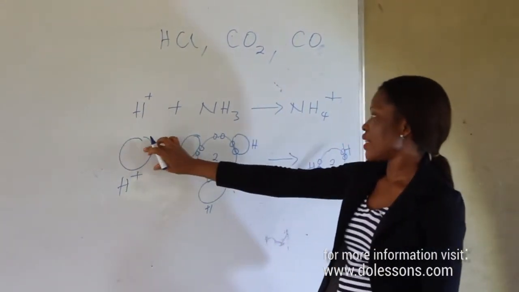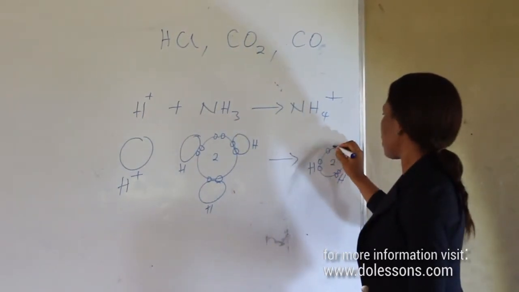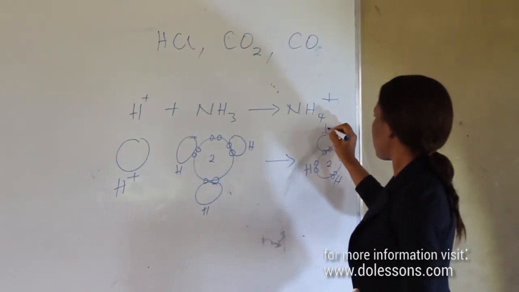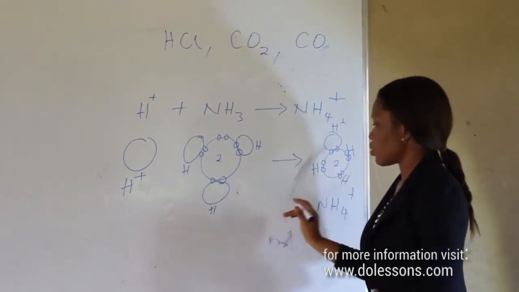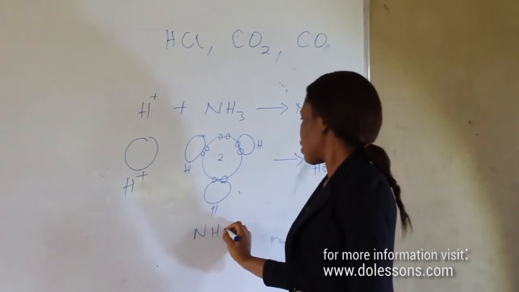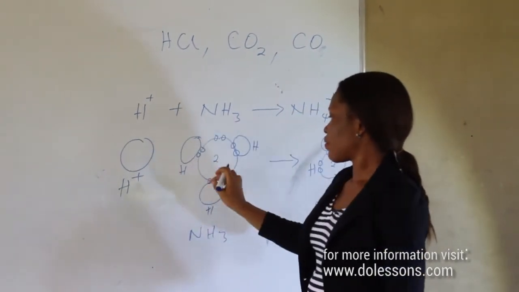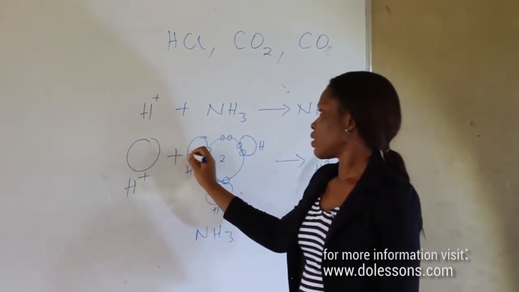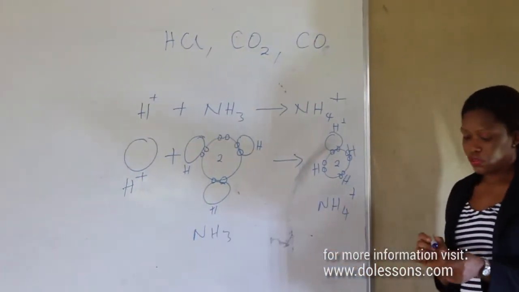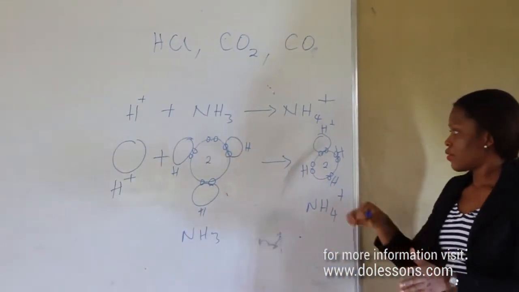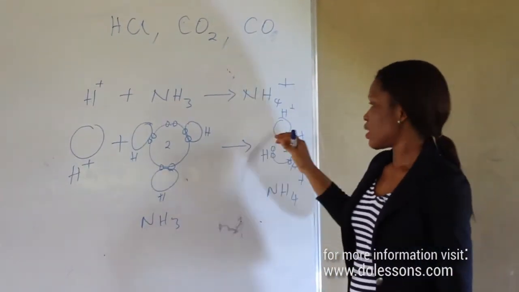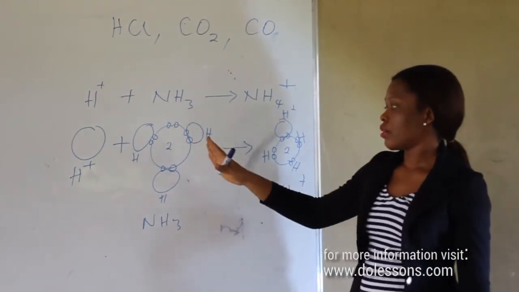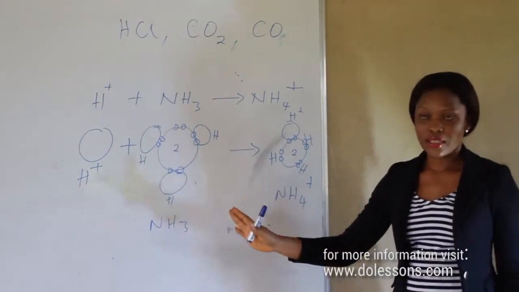Then finally, this hydrogen ion will come here and we'll have NH4 plus, this was NH3. N is the one here and we have 3 hydrogen, and this is hydrogen ion. So at the end of the combination, you have 2 electrons contributed by only ammonia shared between hydrogen ion and ammonia gas.